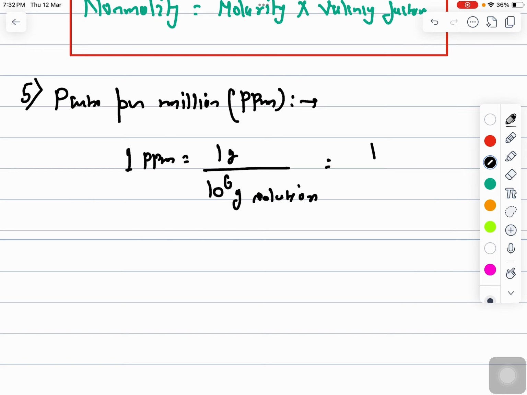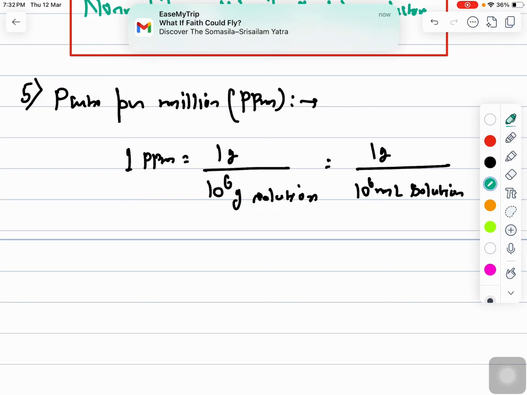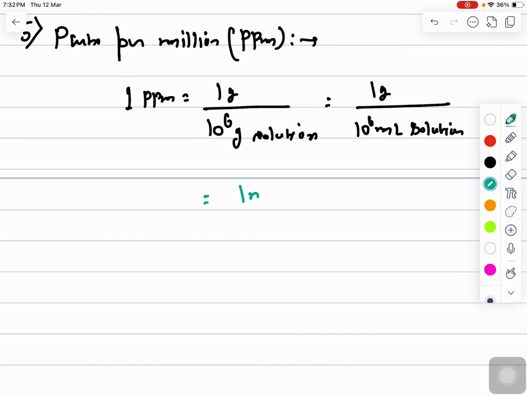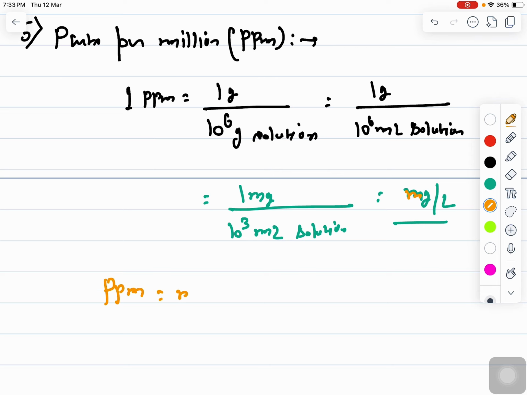That can also be written as 1 gram divided by 10 to the power 6 ml of solution if you are dealing with a liquid. Is that clear? Or it can also be written as 1 mg divided by 10 to the power 3 ml of solution. So that is basically your mg per liter, right? So parts per million is equal to mg per liter.